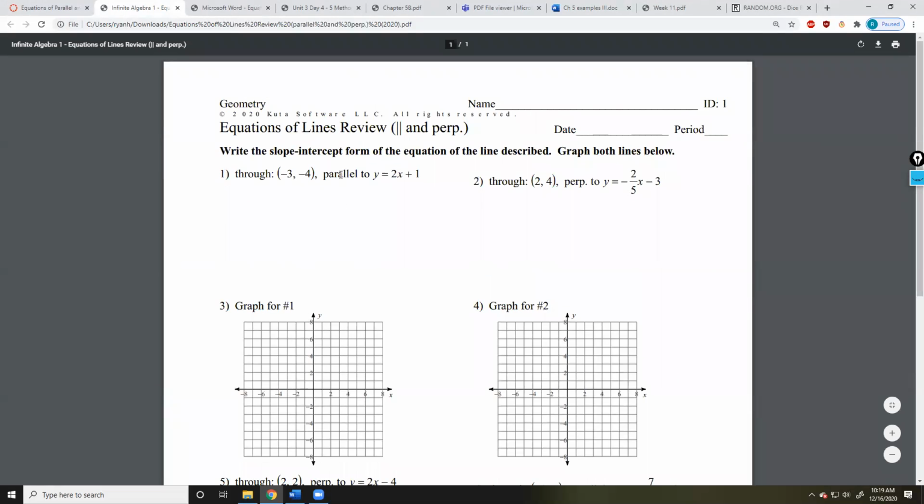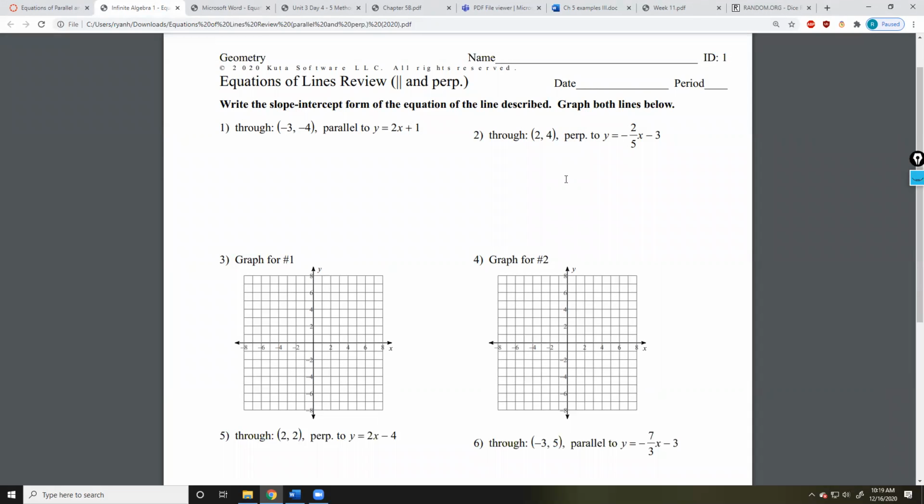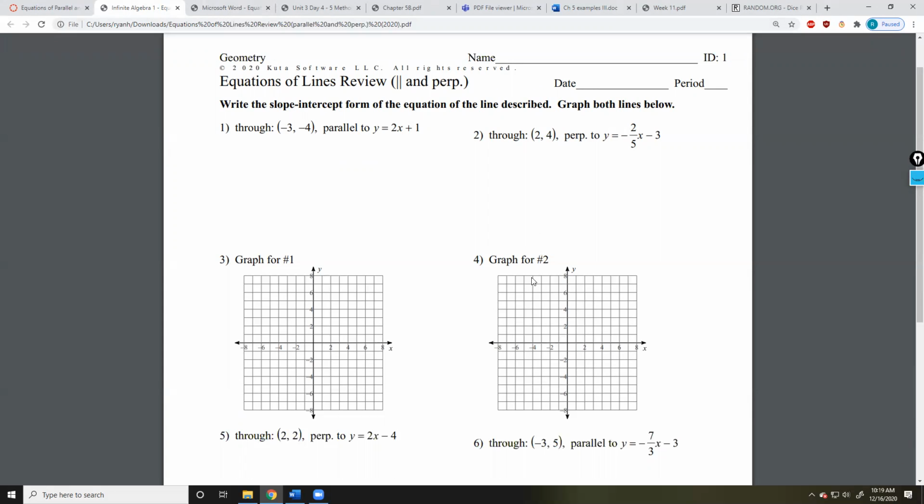But pay attention to whether it says that the line is parallel or whether the line is perpendicular, because that's going to change what you do for your slope. But you're going to do the same thing that we were doing over here. Once you get the equations, you're going to put both lines on the graph, both lines, so that you can see whether they're parallel and perpendicular.